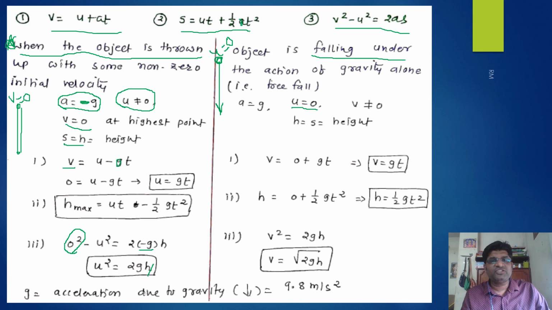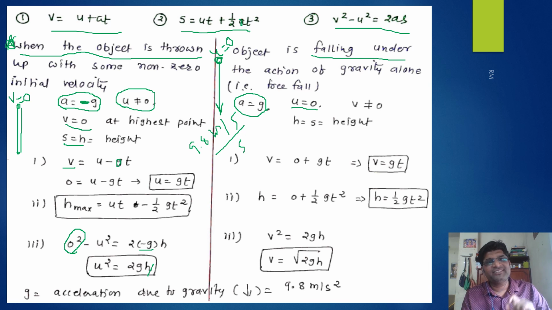And acceleration is equal to plus g here because while it is falling down, the speed increases. The speed of an object increases by 9.8 meter per second per second, so 9.8 meter per second by second becomes 9.8 meter per second square. That is the value of g, the acceleration due to gravity.